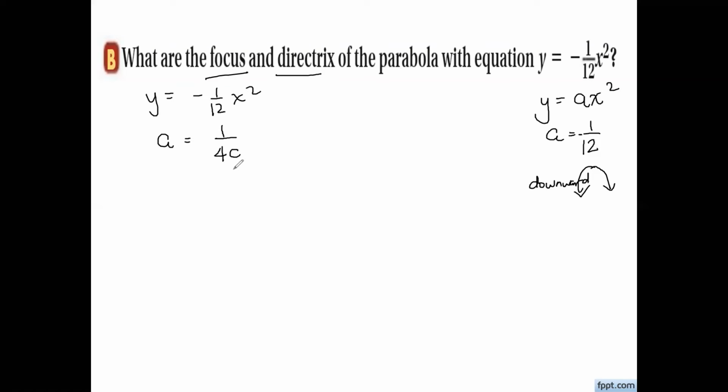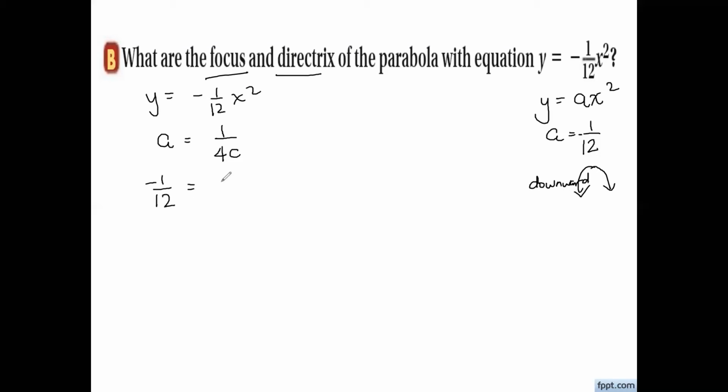What's the relationship between a and c? We have a relation of a and c, so we will use a equals 1 over 4c. And a from the given is negative 1 over 12.